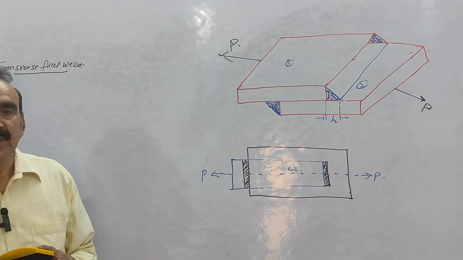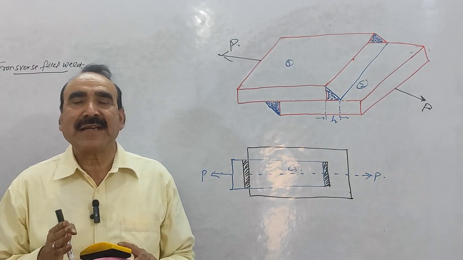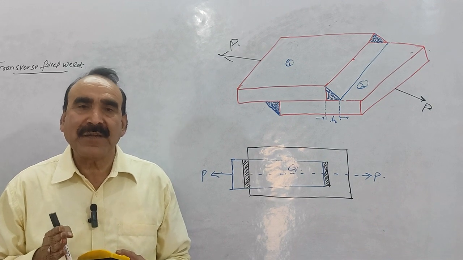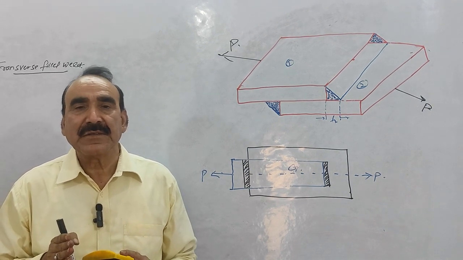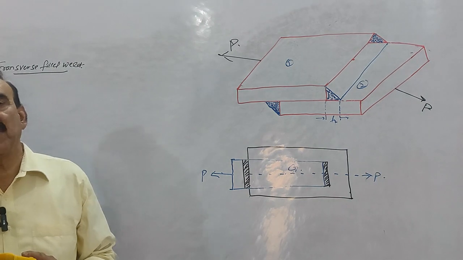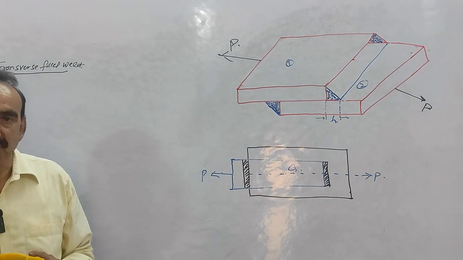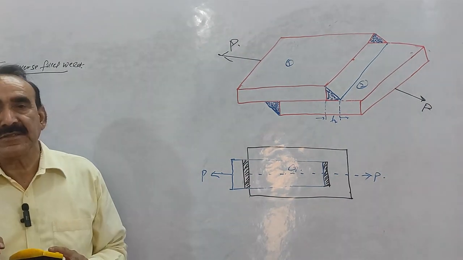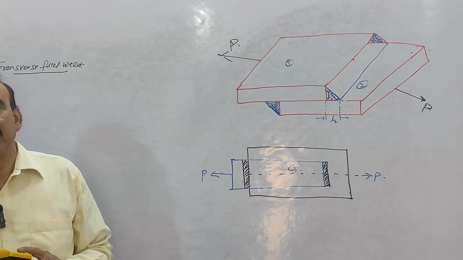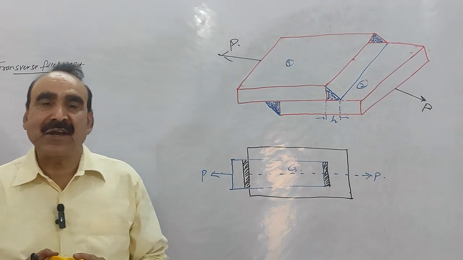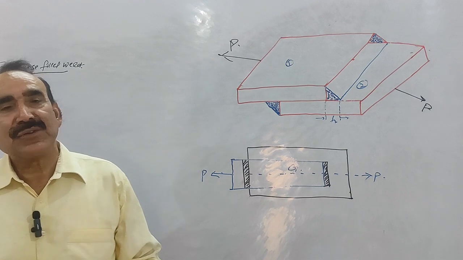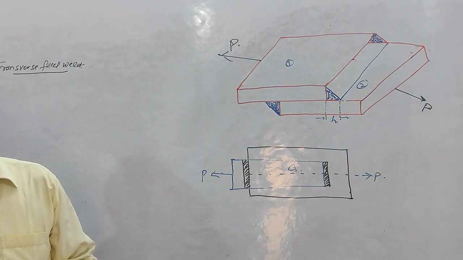So transverse fillet weld is that weld that is the vertical weld, means the welds they are perpendicular to the line of action of the force. First point is the welds they are perpendicular to the line of action of the force, so that is called the transverse weld.